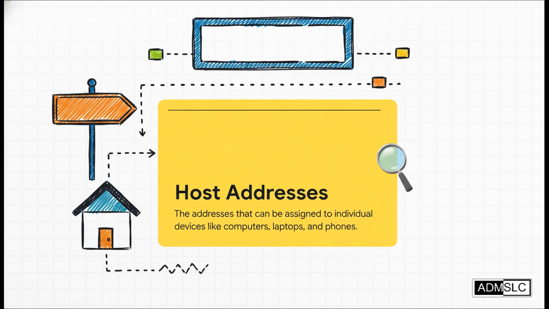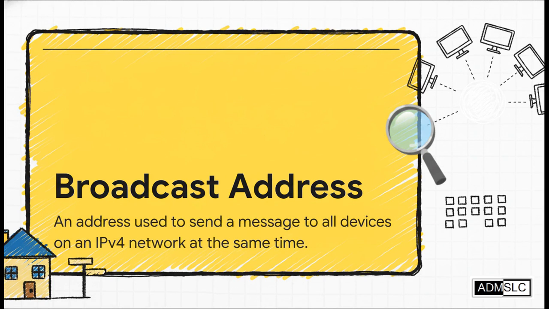This is the range of IPs that get handed out to your computer, your phone, or your printer so they can all talk to each other. And finally, there's a special one called the broadcast address. This is for when a device needs to send a message to everyone on the network at the exact same time. Think of it like a loudspeaker for the whole street. When a message gets sent to this address, every single device on that local network gets it.